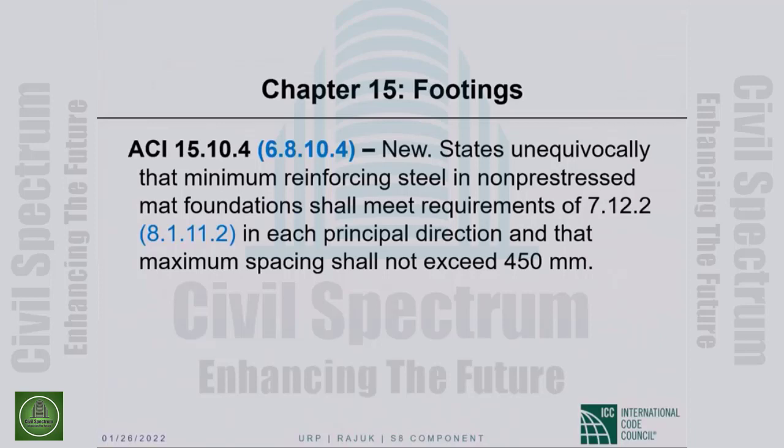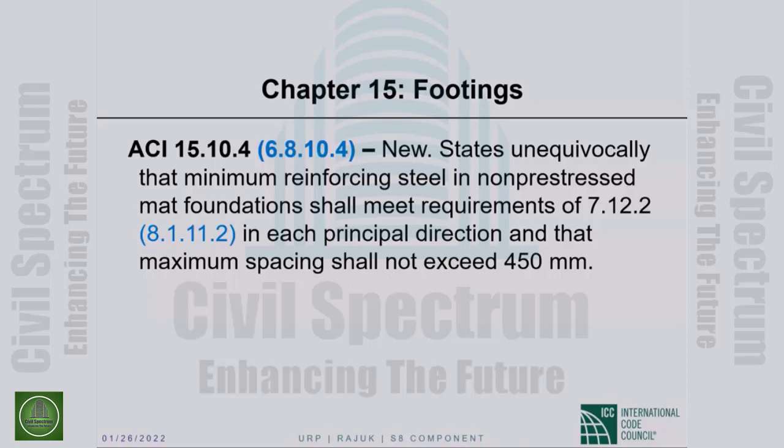Okay, footings. I put this in because you wouldn't believe how many questions we used to get on just this. I think this was added in 2008. Section 15.10.4 of ACI 318, your 6810.4, states unequivocally that minimum reinforcing steel in non-prestressed mat foundations shall meet requirements of 7.12 in each principal direction, and that maximum spacing shall not exceed 450 millimeters.